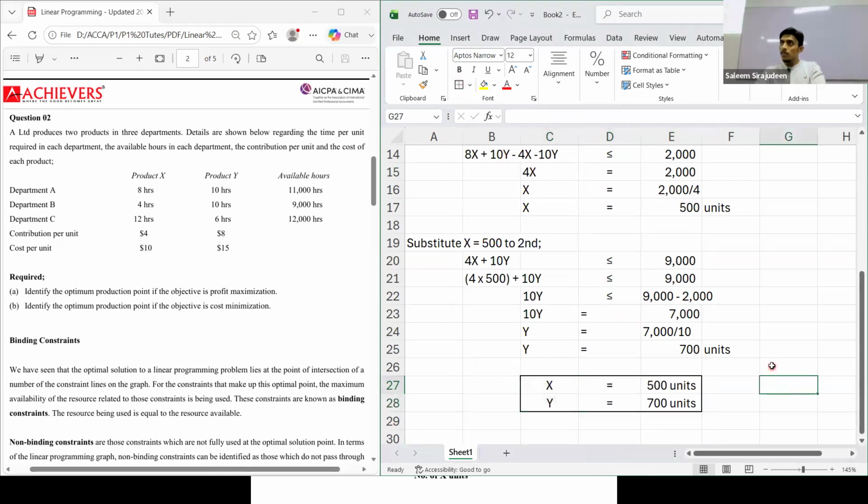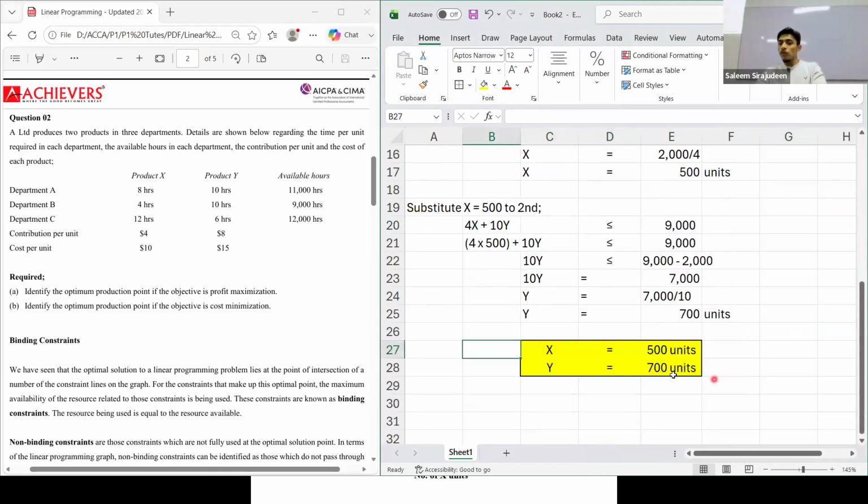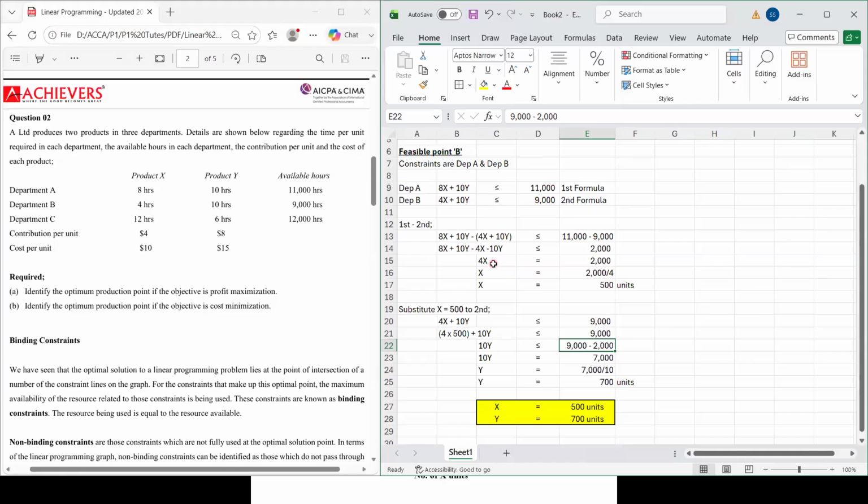Got it? Yes? Right. So now what we have to do? We have to mark this in our graph. If you mark the values in the graph, here see, X 500 and Y 700. Right.